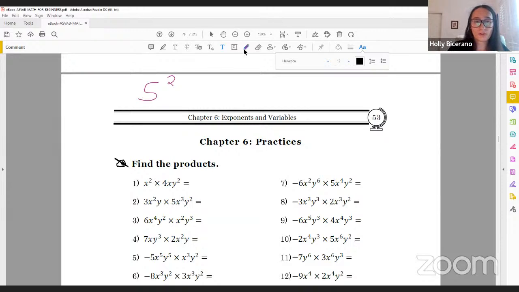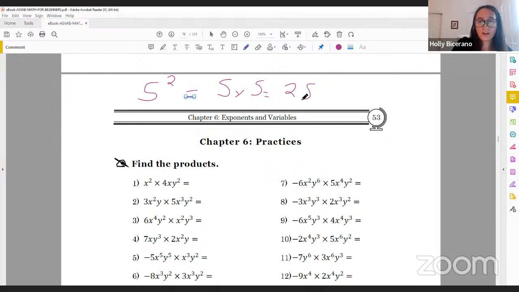And so the 2 just tells us how many times we'll be multiplying the 5 by itself. So 5 to the power of 2 would just be 5 times 5, which is 20. Taking another example, 5 to the power of 3 would be 5 times 5 times 5.